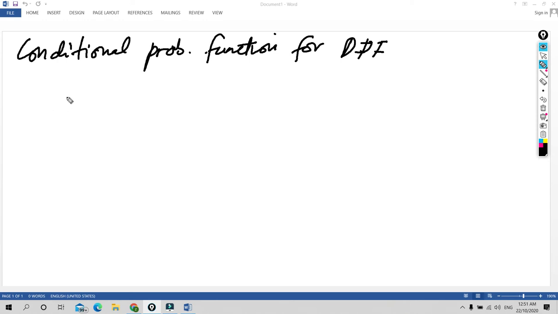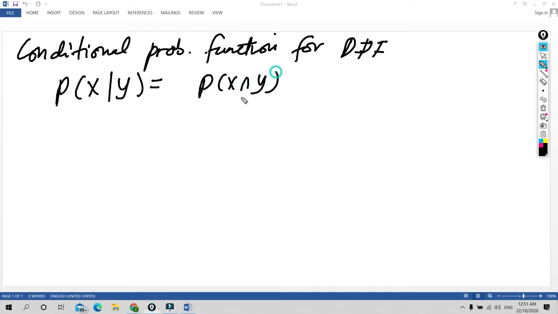The probability of x given y is the probability of x intersect y over the probability of y.